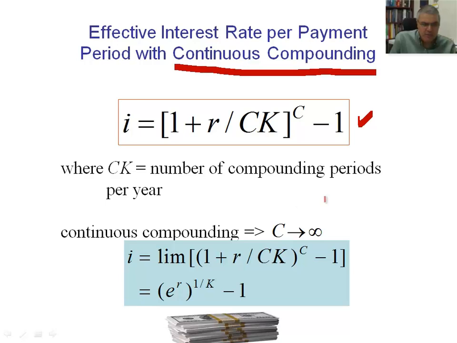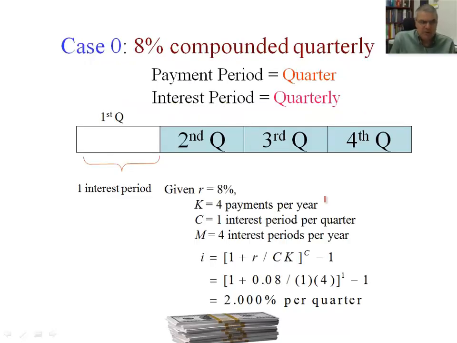That would give us the interest rate if the compounding is continuous, or the effective interest rate per payment period with continuous compounding.